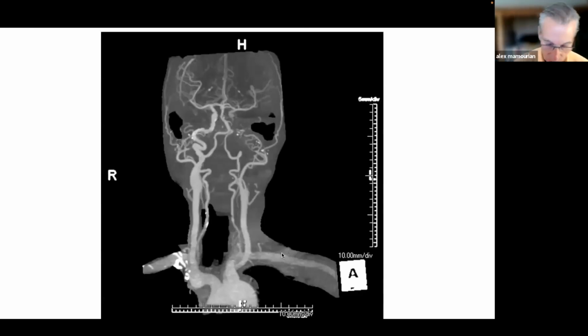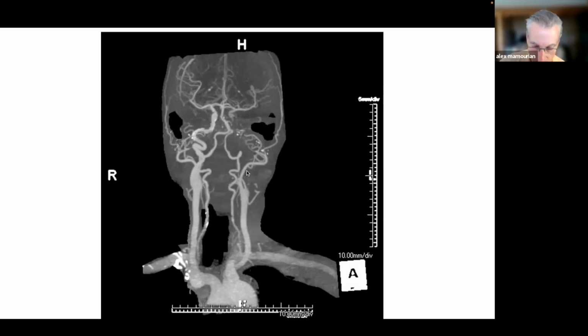Let's look at this patient then. This is a maximum intensity reconstruction of an MRA. Here you see the common carotid. The bifurcation is tucked in here, a kind of tortuous distal cervical internal carotid artery, cavernous carotid, distal ICA, M1, A1.